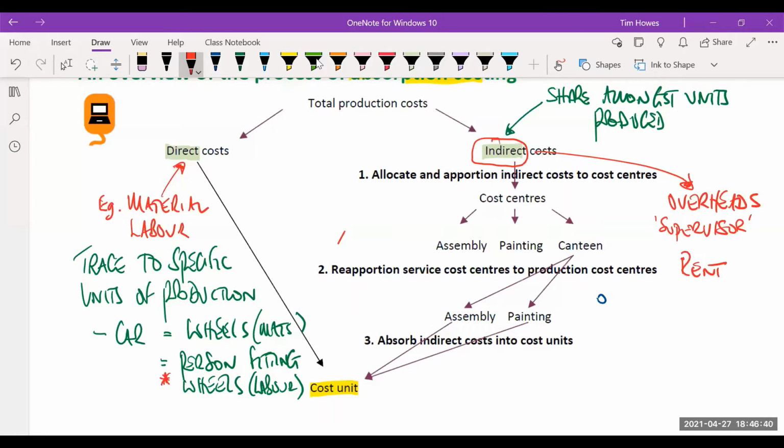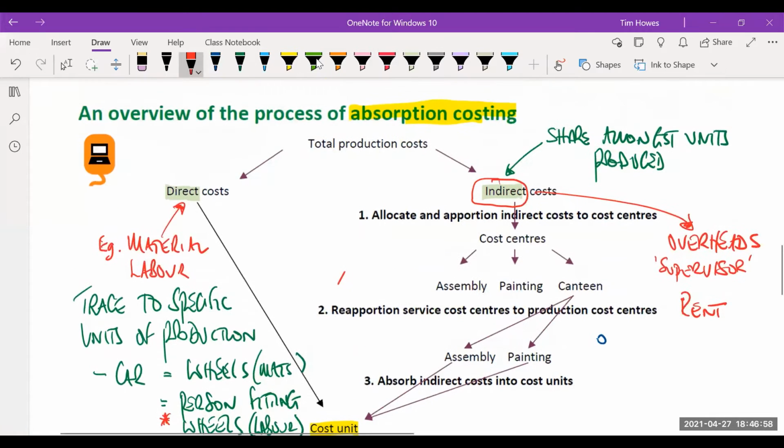So again, we still need to stick it onto the cost, but you can't just pin it on because you can't directly trace it. Hopefully you get this image in your mind of the problem that we have. In an absorption costing system, which remember is called full costing, we want to include all of the costs of production, whether we can trace them directly or not, whether they're fixed or variable.